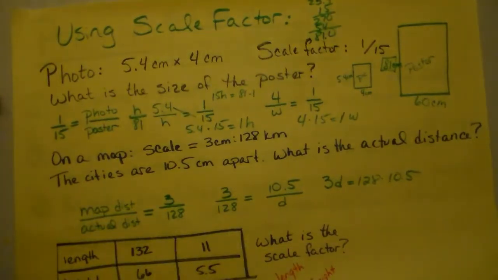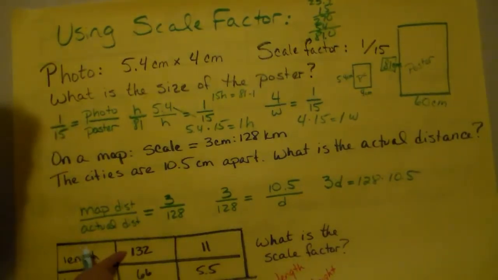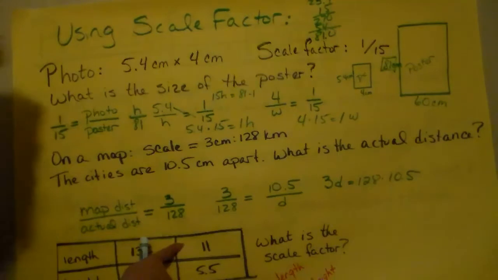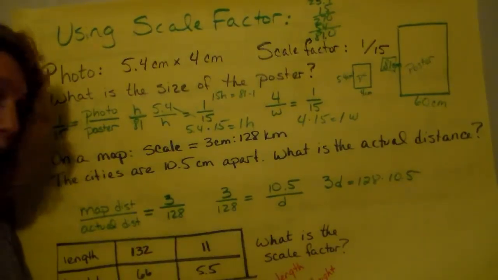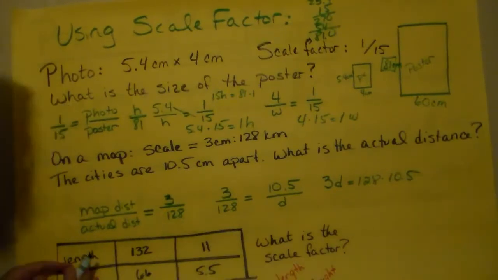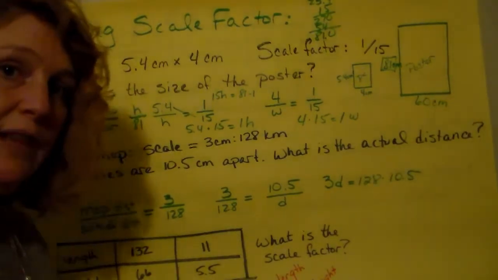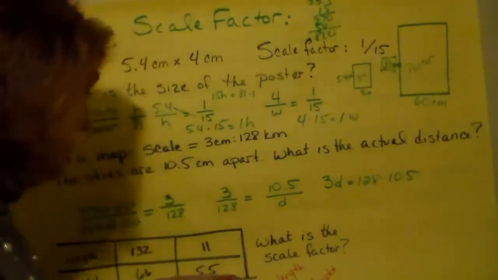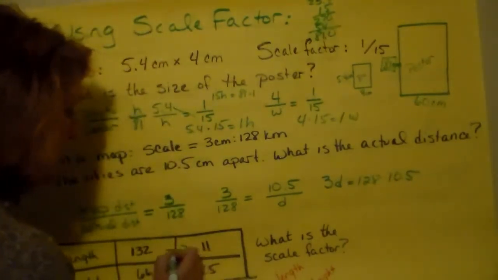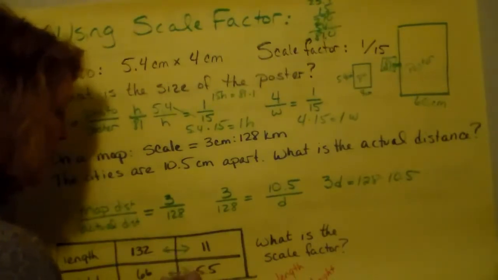So here I've got an actual race car that's 132 inches long and 66 inches tall, and I've got a model of the race car that's 11 inches by 5.5 inches. Now you've got some proportions you can work with. How have I changed the length? How have I changed the height? So you're going to be looking at the numbers this way.